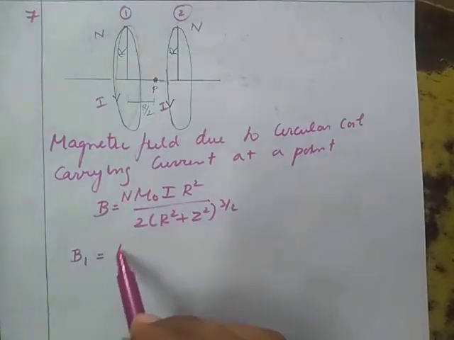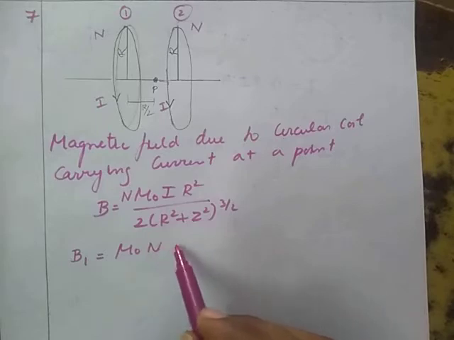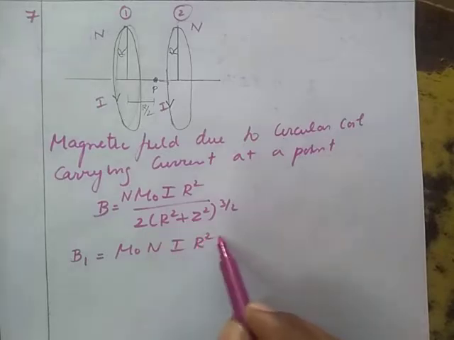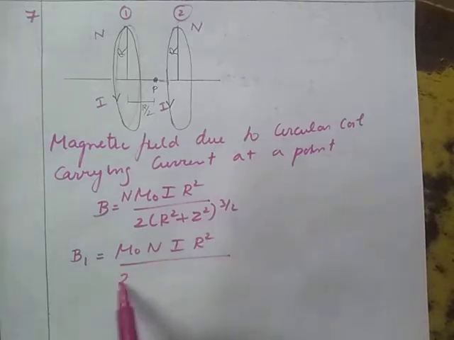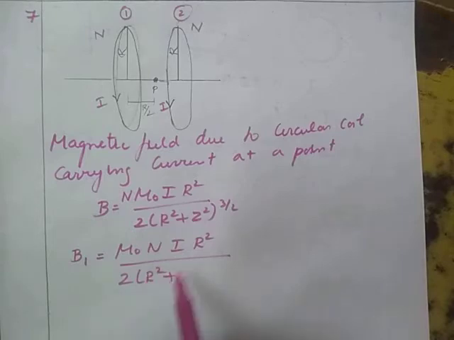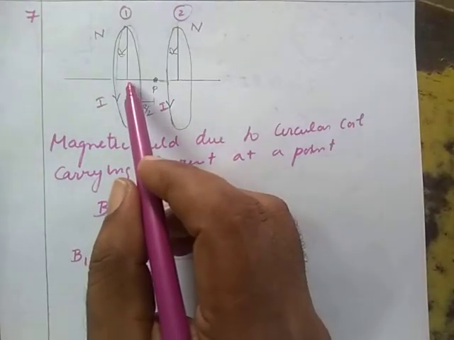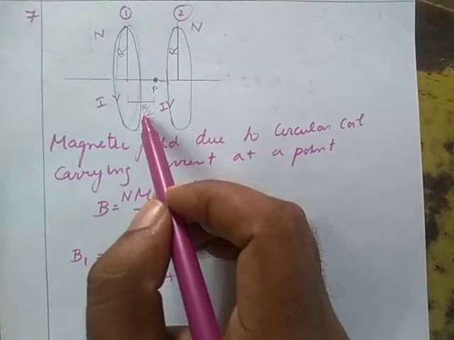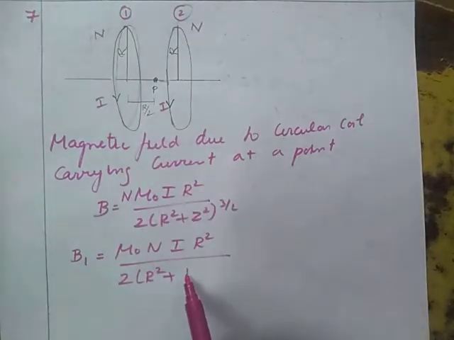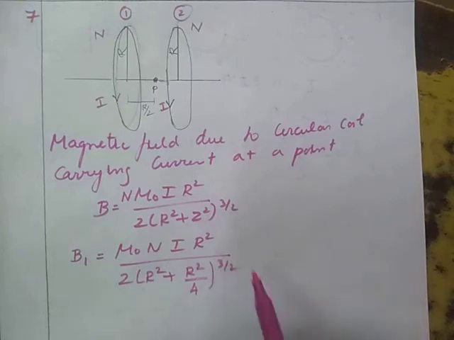So we can write mu naught N I r square by 2 times (r square plus z square), where z, the distance from the center of the coil, is r by 2. So we can write r square by 4, power 3 by 2.